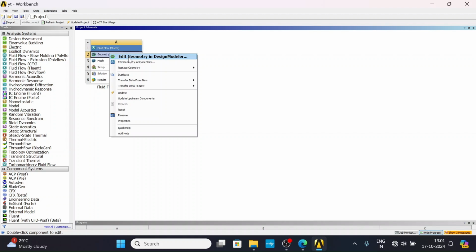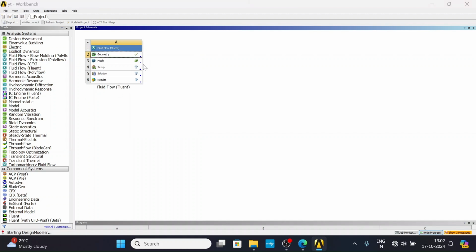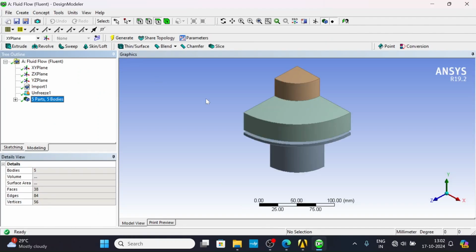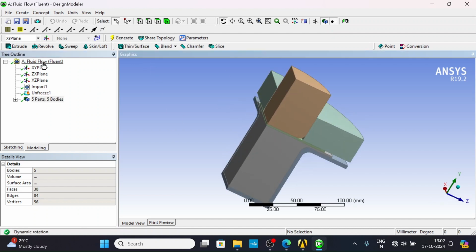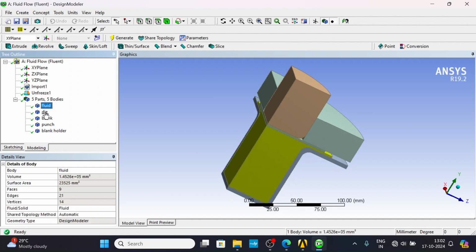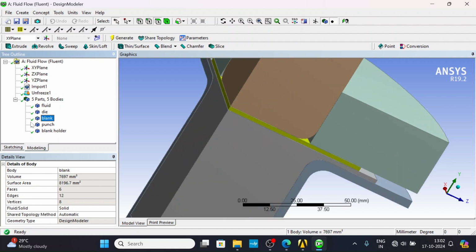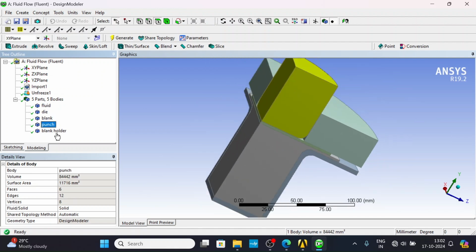I have already taken the geometry. So this is our fluid medium, this is our die, this is our blank, and this is the punch holder, sorry, punch, and this is the blank holder.